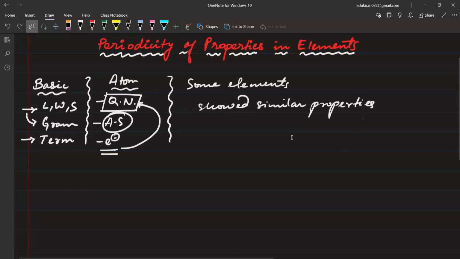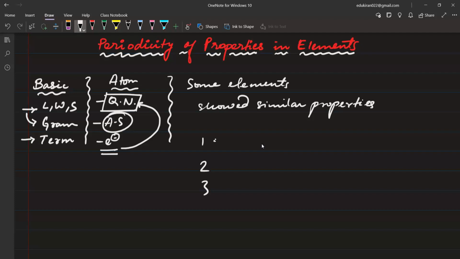So what is the use if some elements are showing similar properties? Suppose I have elements 1, 2, and 3 showing similar properties, so we arrange them in a particular group or column like this, and then we started doing reactions.